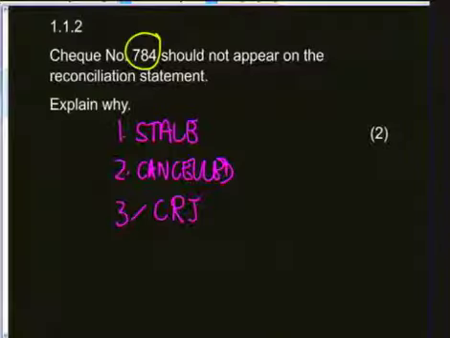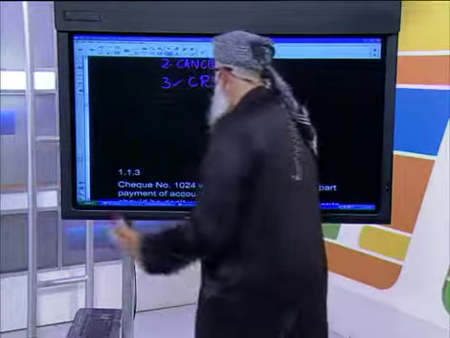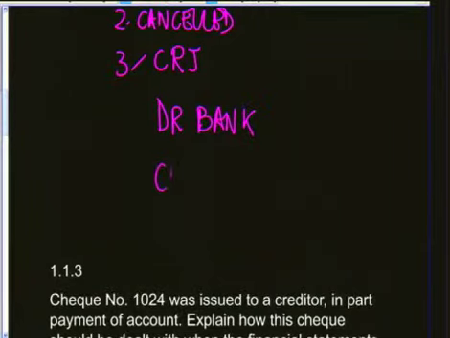Let's write it in so you can see it. Now, obviously, I'm just giving you more information, not applicable to this particular question, but information that is beneficial. If it was for a donation, you would now debit your bank account to cancel that check, and you would credit the donation account.